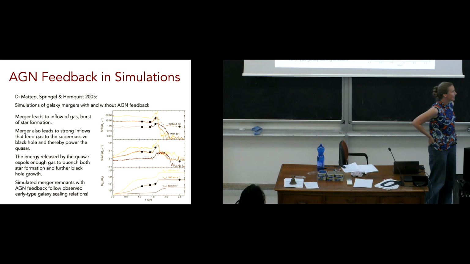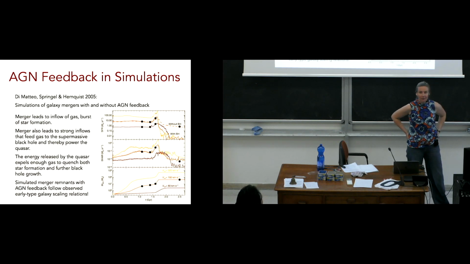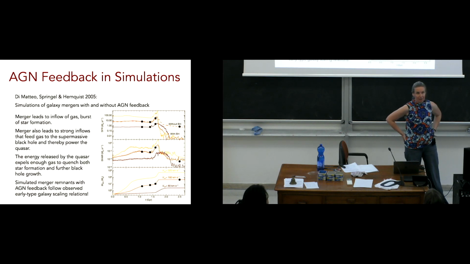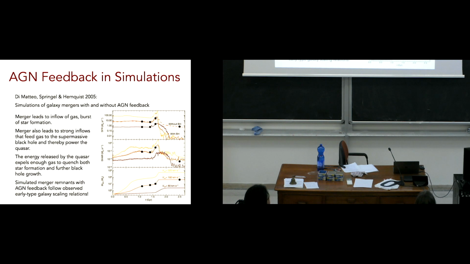So the one thing that's always clear is that mergers will always lead to torquing of the gas and an inflow of gas to the center, followed by a burst of star formation. That's true with and without an AGN. But in the case which you can see in the comparison of the dashed and solid line over here.